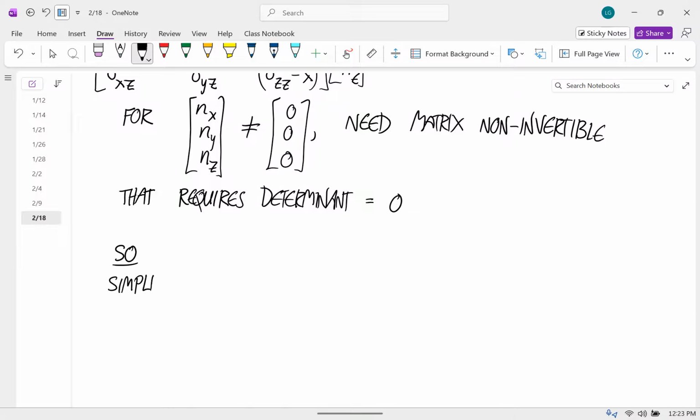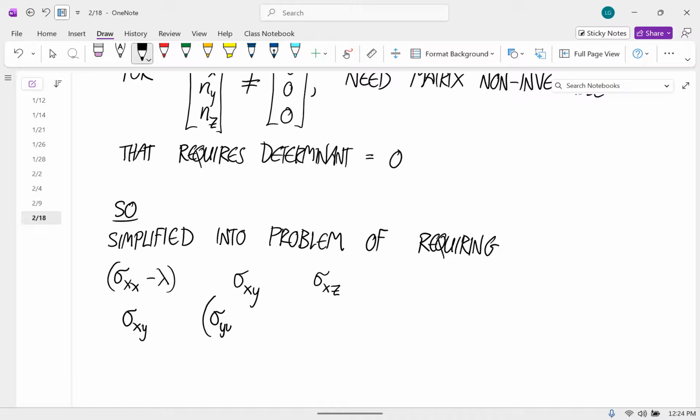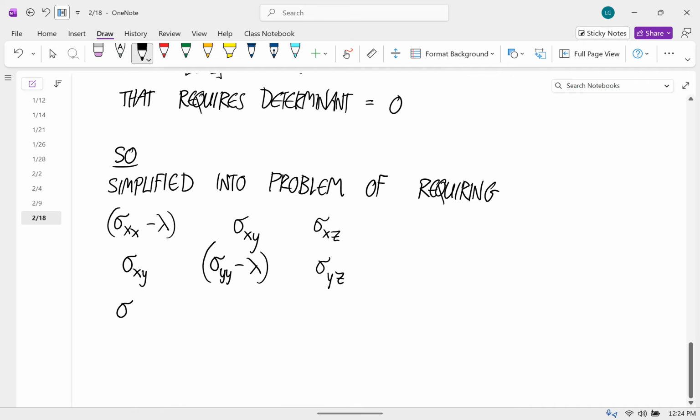We've simplified this problem of requiring that the determinant of the matrix with rows (sigma xx minus lambda, sigma xy, sigma xz), (sigma xy, sigma yy minus lambda, sigma yz), and (sigma xz, sigma yz, sigma zz minus lambda) is equal to 0.